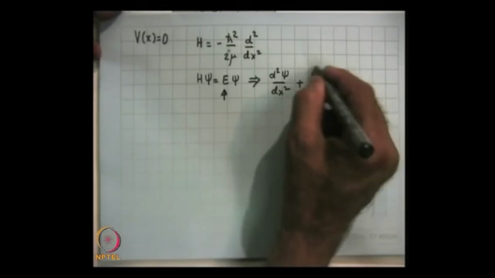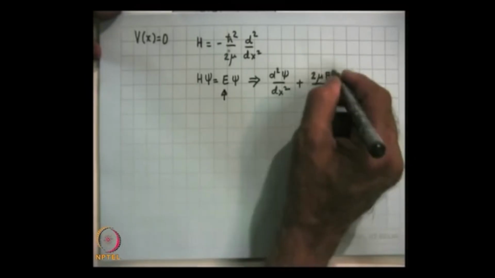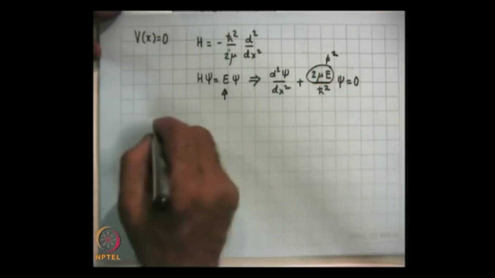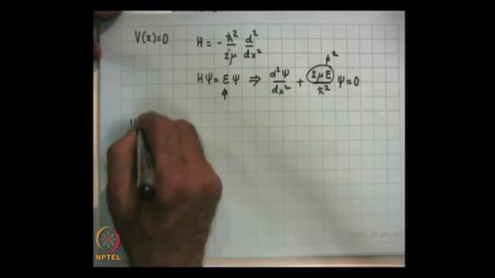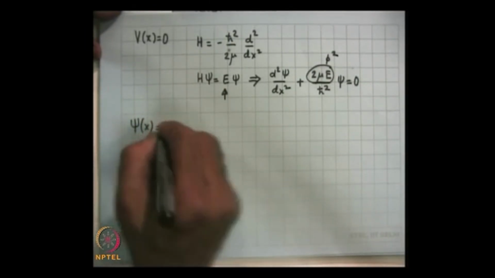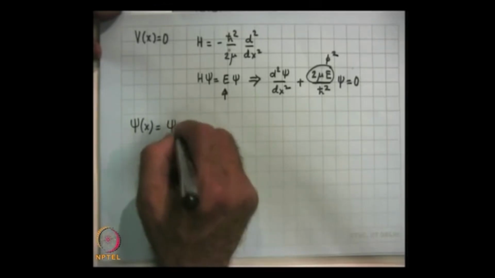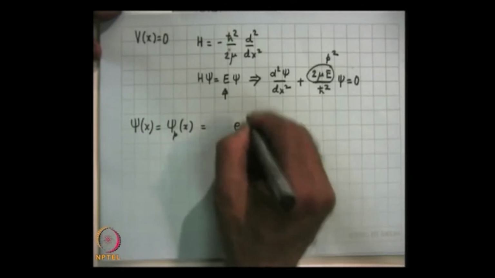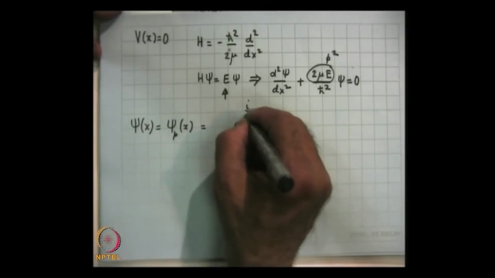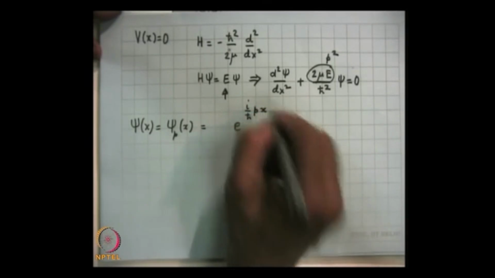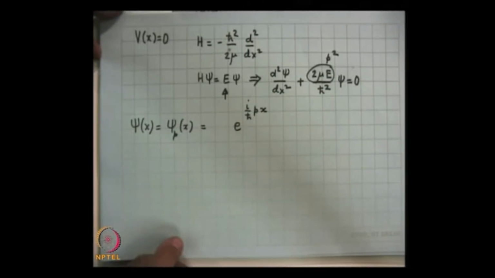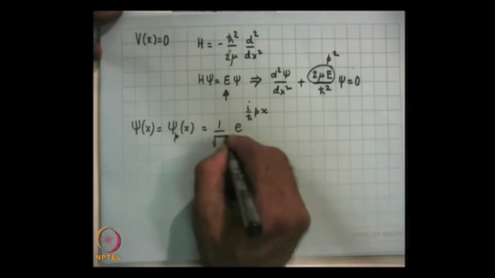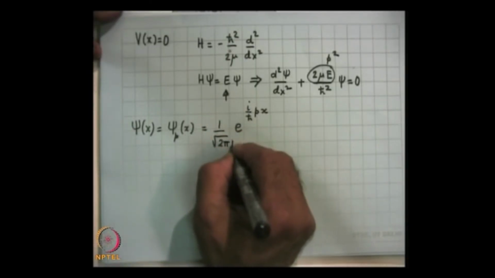So, we write this quantity as p squared, and the eigenfunctions psi of x become psi p of x, which is equal to e to the power of i by h cross p times x. Now, because I know this, I put a factor of 2 pi h cross.